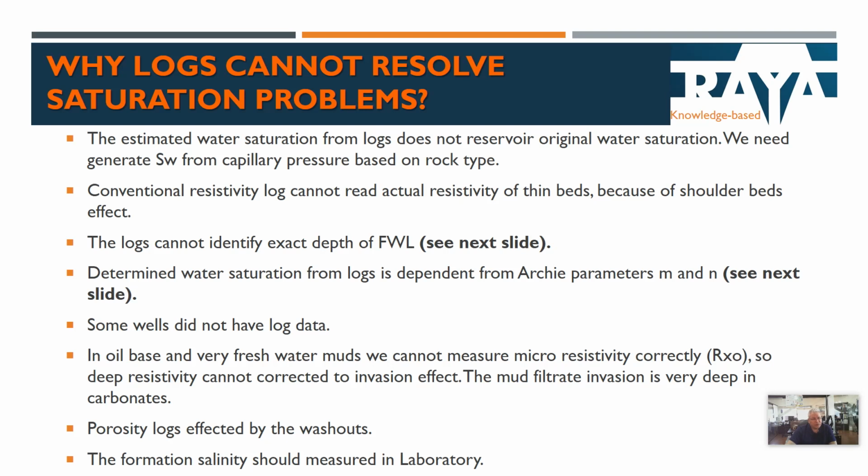Water saturation determined from logs depends on the M and N parameters we are using. When we don't have these data from the core, we have to use a constant M and N value.